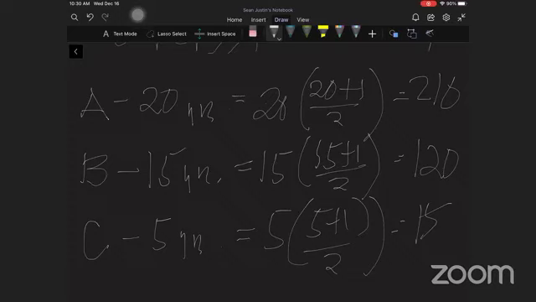Year 3 ha? Okay, how much is the accumulated depreciation of machine B on year 3?